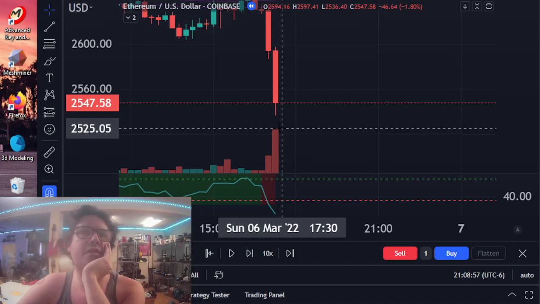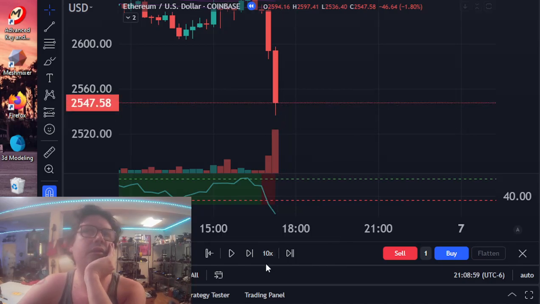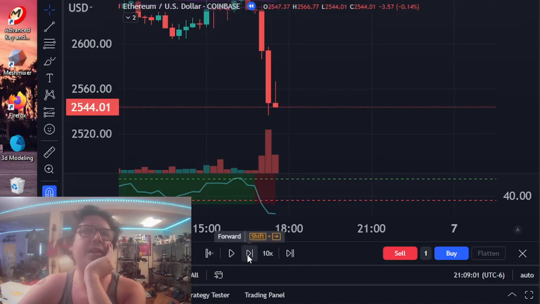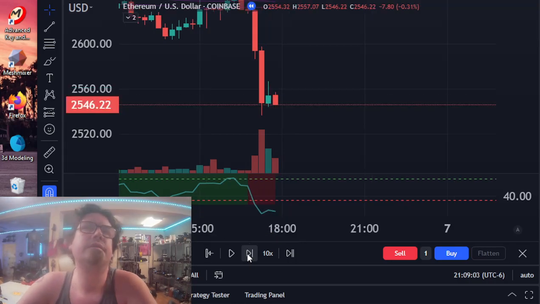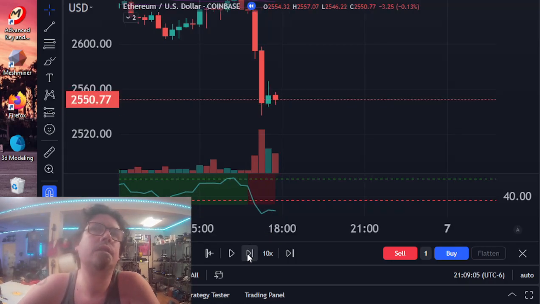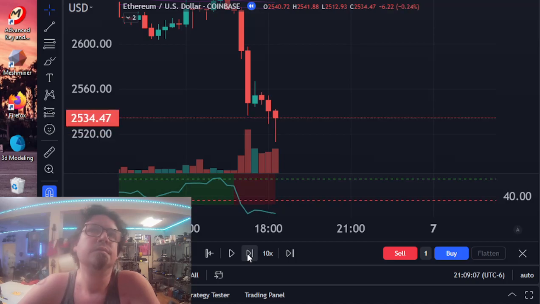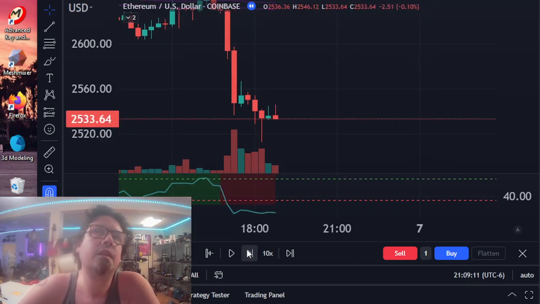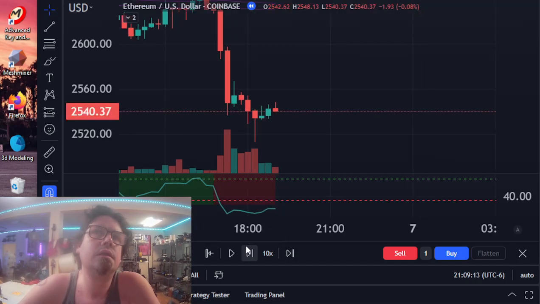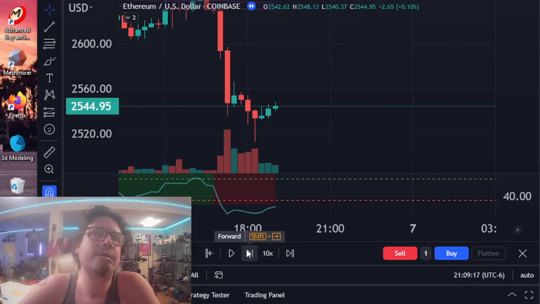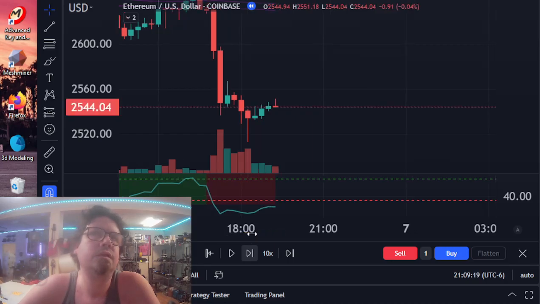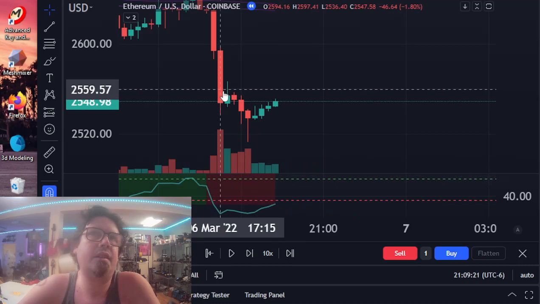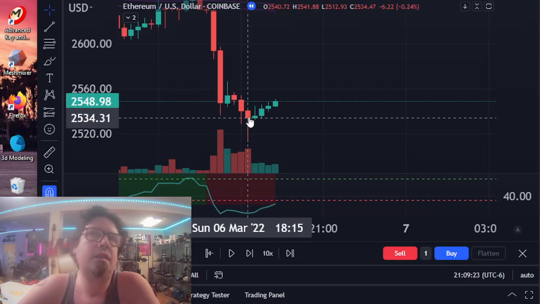This is 2022. Some big action happening. Yeah, nothing so far. There is a divergence here. That hammer candle.